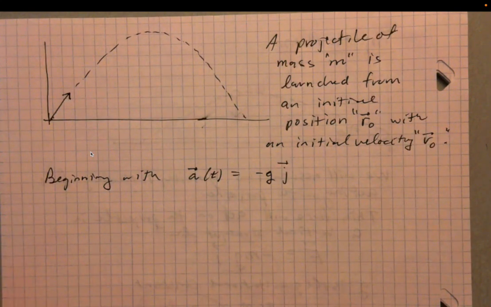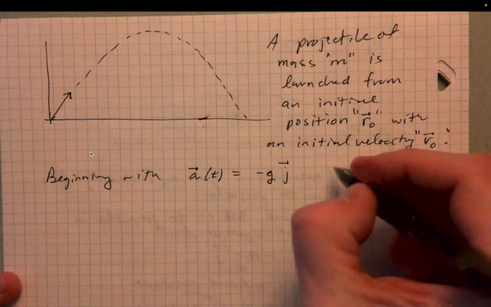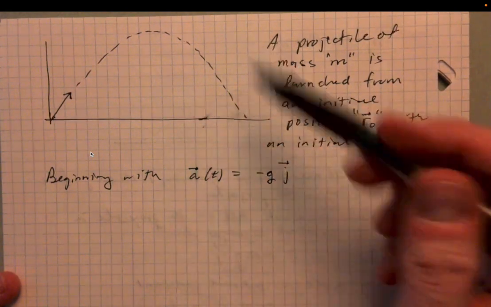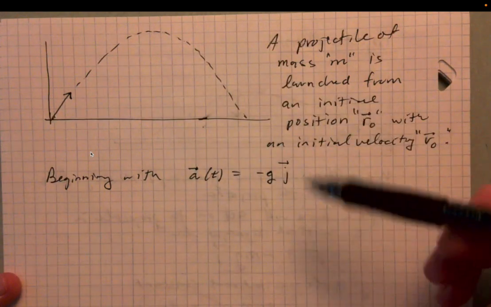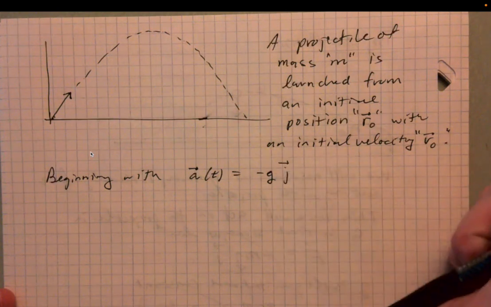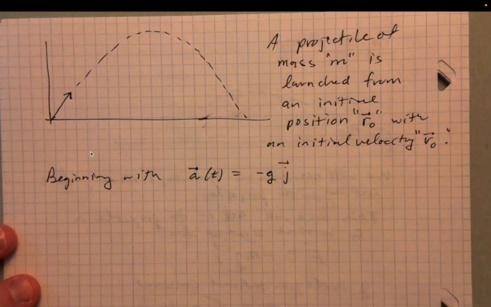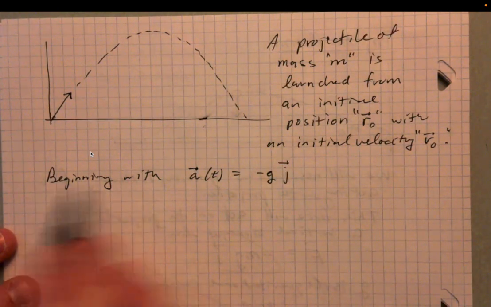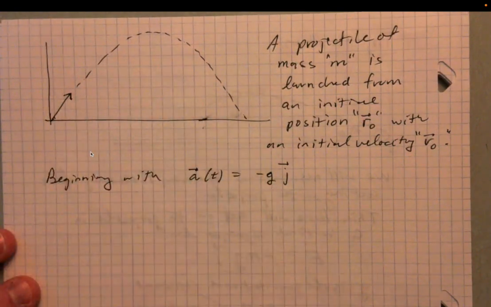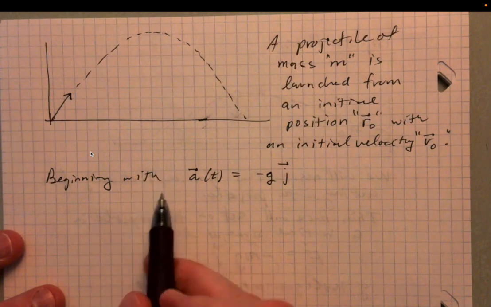The only acceleration operating here is the acceleration due to gravity, and it's constant. The velocity will not be constant, and the position will obviously not be constant, but the acceleration is constant. It's always pulling down on the particle. That's what we're going to start with.